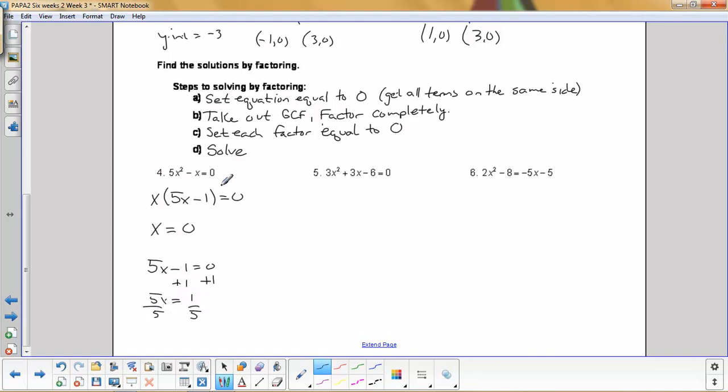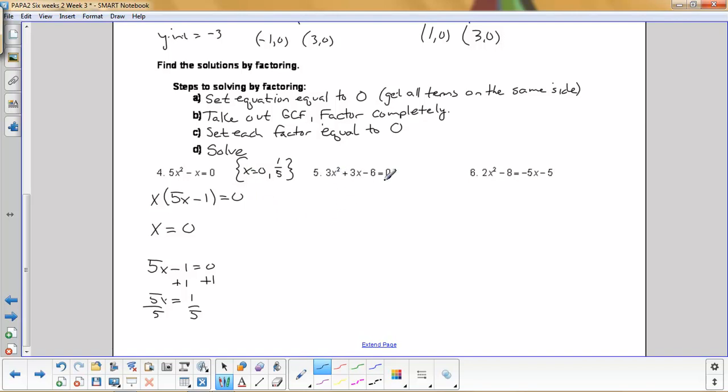So the solutions to number 4 are x equals 0 and x equals 1/5. If you want to write it this way, please make sure that you write it as a set of solutions within brackets. If you put it in parentheses, it makes it look more like an ordered pair. Otherwise, you simply write x equals 0, x equals 1/5.